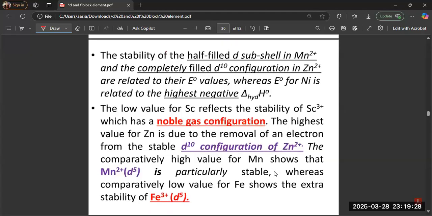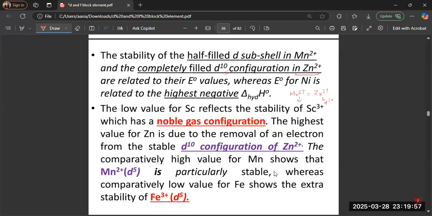Okay, and the stability of the half-filled d subshell in Mn2+ and the completely filled d10 configuration in Zn2+ are related to their E naught values. In Zn2+, there is a completely filled d10 configuration, and in Mn2+, it is a half-filled d subshell.